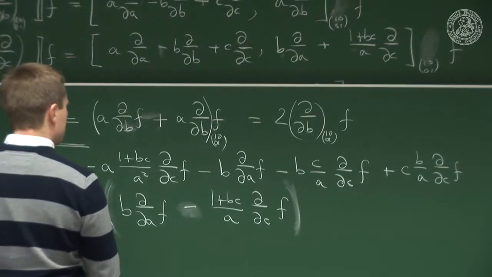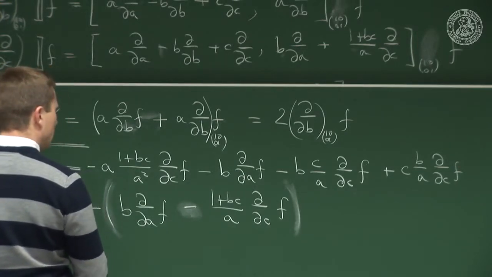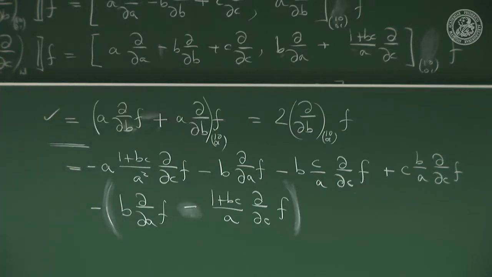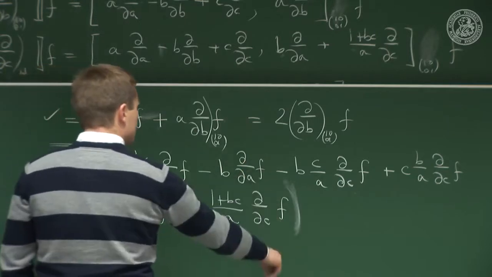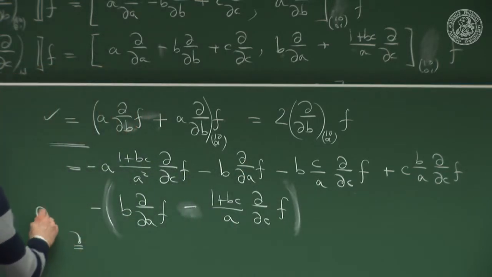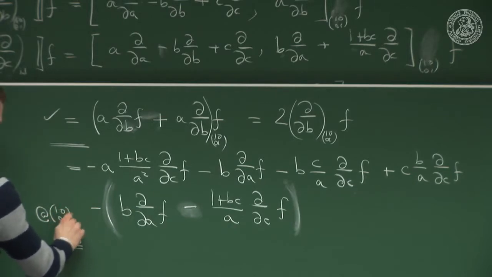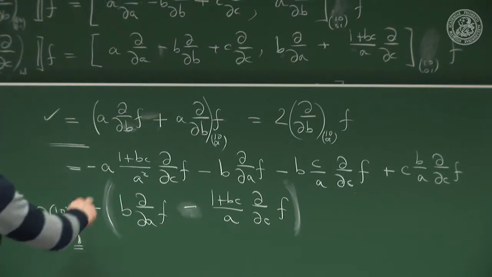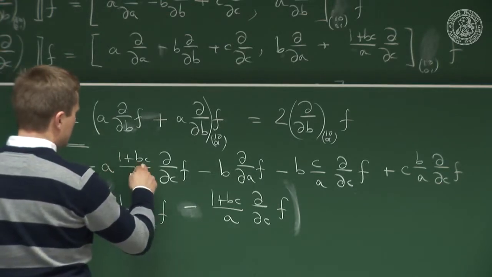Okay, so same game as before. We now evaluate. Well, we could simplify first or evaluate first. Let's evaluate immediately. We evaluate this at the identity. At the identity, we evaluate identity in these coordinates is a equals 1, b equals c equals 0. So this is 1 times 1 plus 0 over 1.